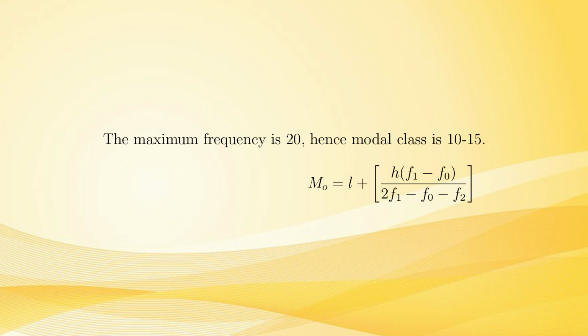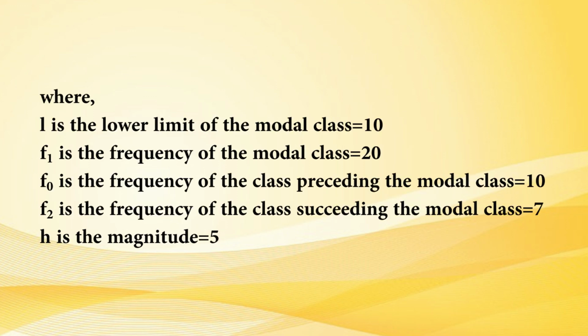In order to compute the mode, the formula used is mode is equal to L plus H into F1 minus F0 divided by 2 into F1 minus F0 minus F2, where L is the lower limit of the modal class, which is equal to 10.